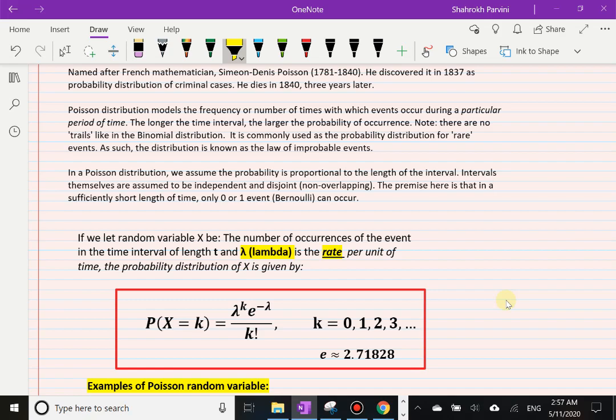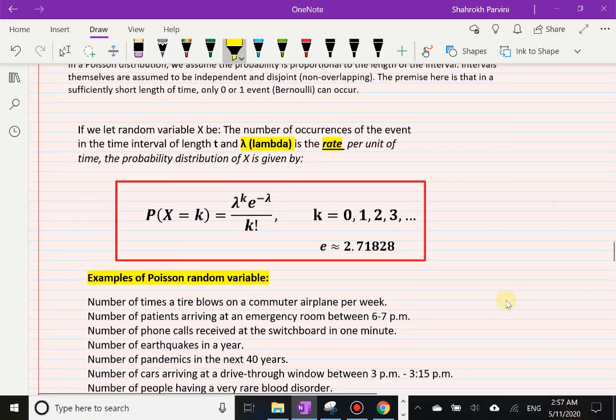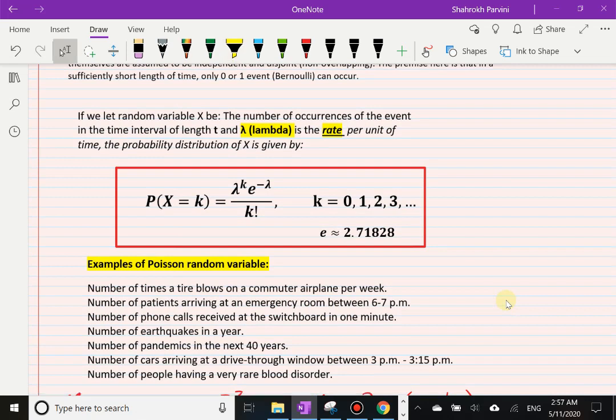So here I have some examples of Poisson random variables. All of these random variables follow a Poisson distribution. The first example is the number of times a tire blows on a commuter airplane per week. Again, this is not a likely event, very rare, so this would be a good model for that. The next example is the number of patients arriving at an emergency room between 6 and 7 p.m. This could be on any given day, or a particular day you have in mind, like a Saturday, Sunday, Friday, whatever.